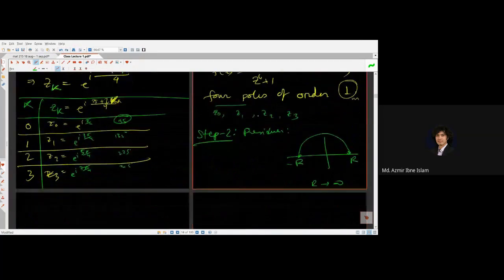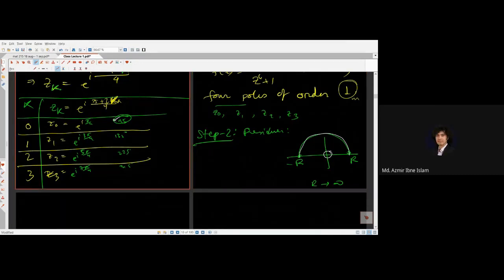That means we have a circle with radius 1, right? So it is a big upper circle, but a circle with radius 1 will obviously be here. Is that okay? Yes, sir. So z0 at 45 degrees is here, in the first quadrant, and z1 will be in the second quadrant, z2 in the third quadrant, and z3 in the fourth quadrant.